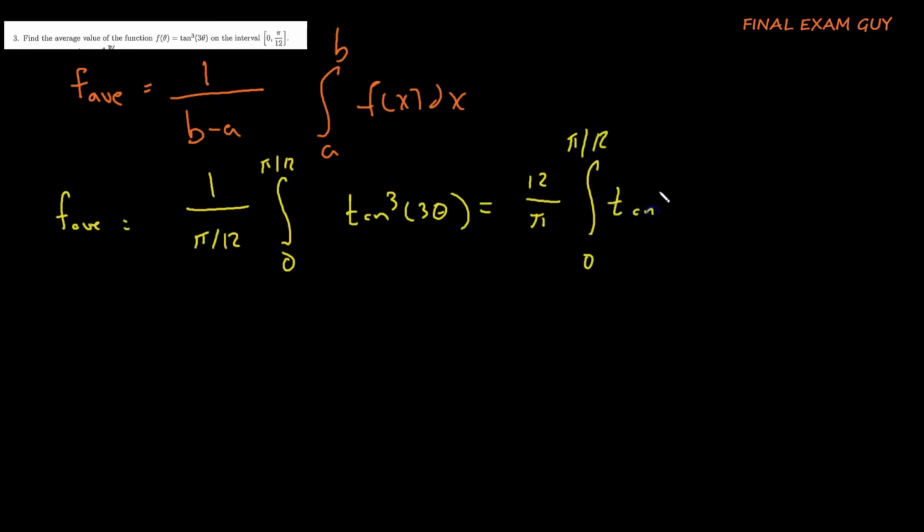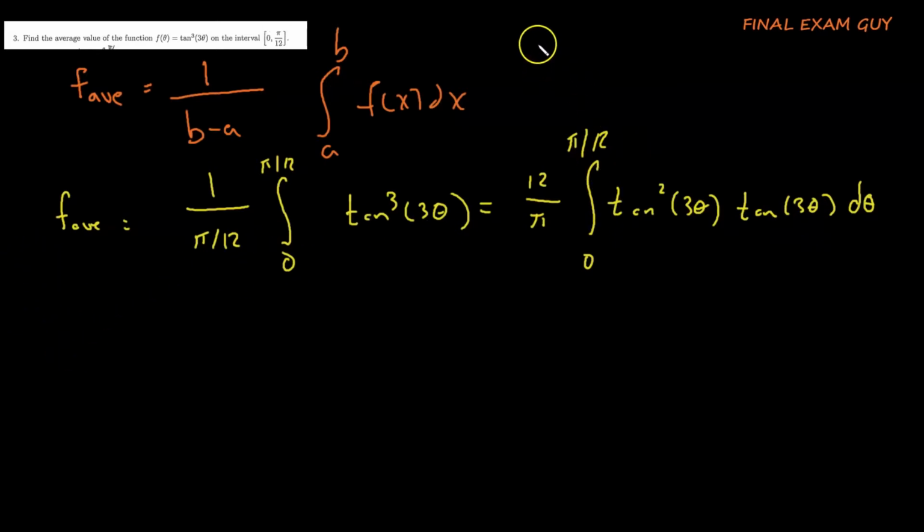Now let me split this up into tan squared 3 theta times tan 3 theta. The reason we do this is that if we make a substitution, we can greatly simplify this equation. There's a d theta there which I didn't put before, but let's continue on.